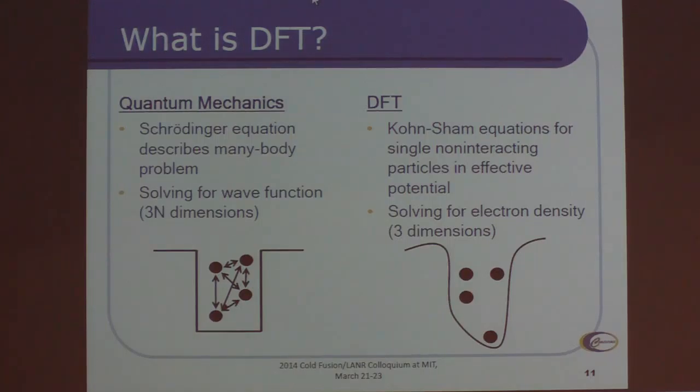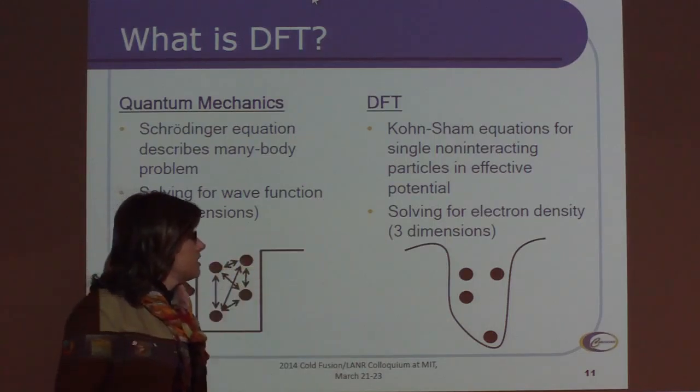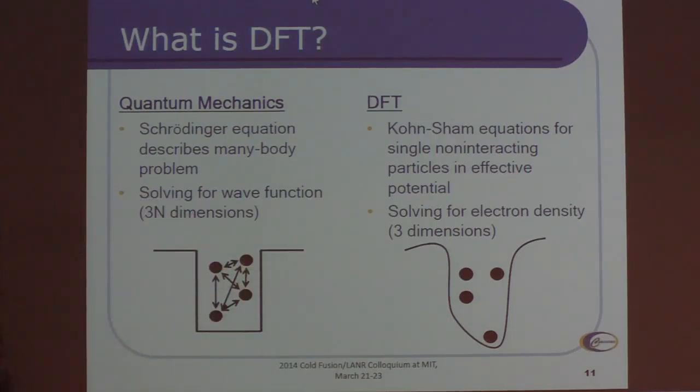So the beauty of DFT is that it finds a bridge to solve this problem precisely. It's not an approximation, but an exact solution, by using the system of the Kohn-Sham equations for single non-interacting particles.